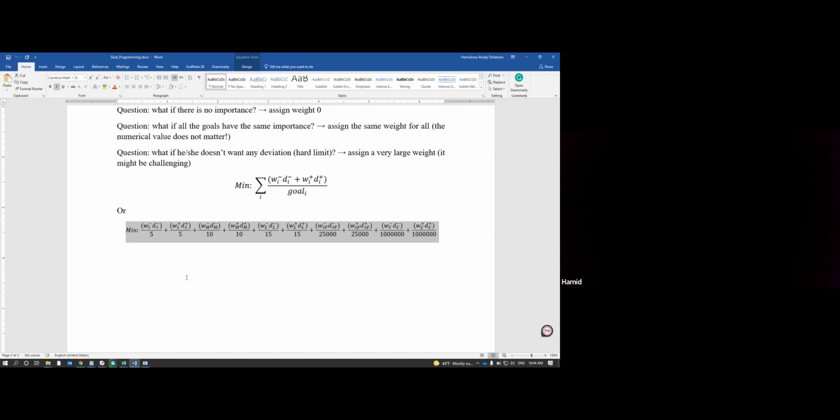These weights are arbitrary. Sometimes in certain industries, you should ask people who are working there, as they might have a better idea how much weight should be given to each deviation. But generally speaking, if you don't have any idea, maybe you just put 1. So you give 1 to all of the weights.